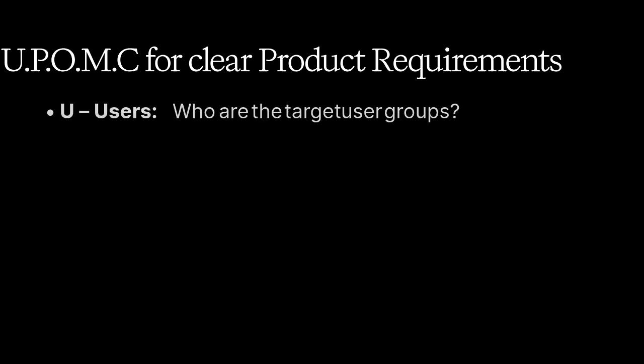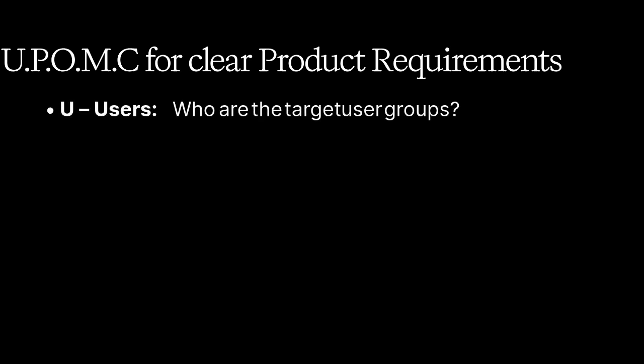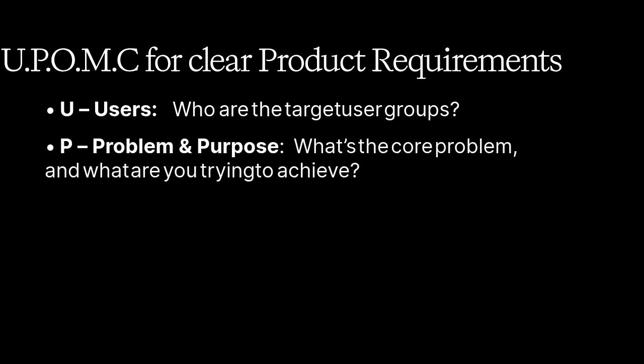In summary, to help us easily remember what information we need to provide or communicate in a product requirement, we can use this simple acronym, U.P.O.M.C. U for user: who are the target user groups? P for problem and purpose: what's the core problem and what are you trying to achieve?